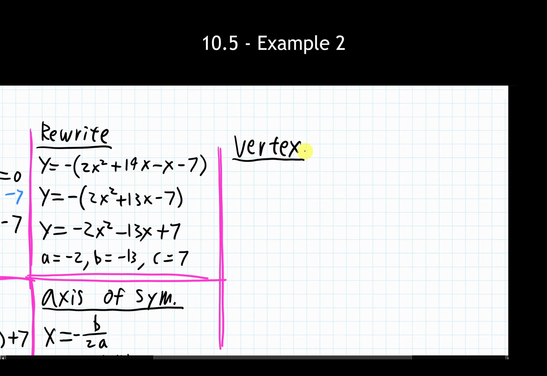I am using a calculator off screen here, so if you're wondering where these numbers are coming from, I'm just calculating them off screen.